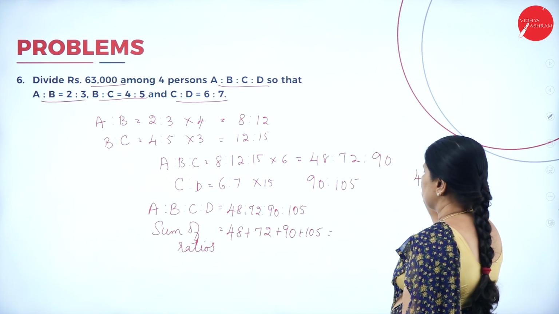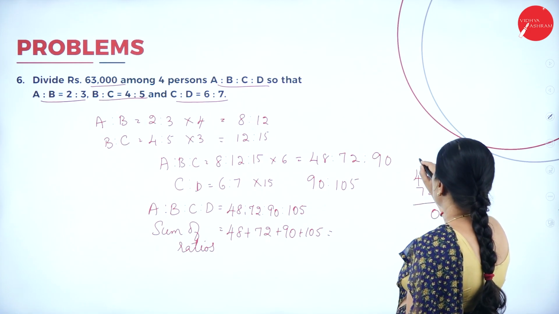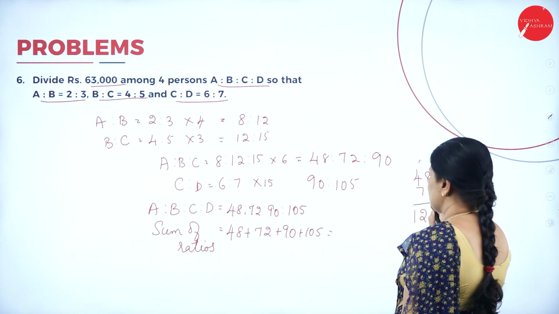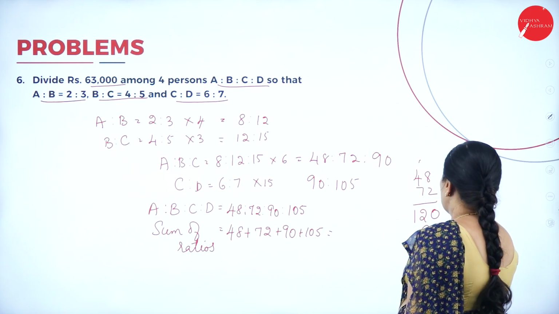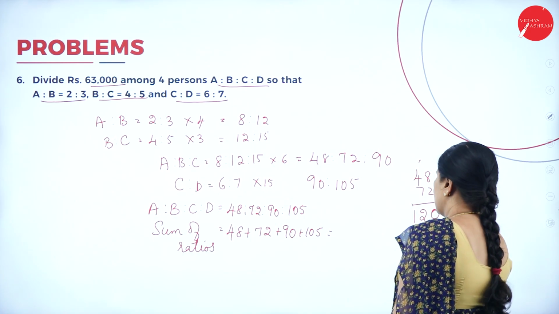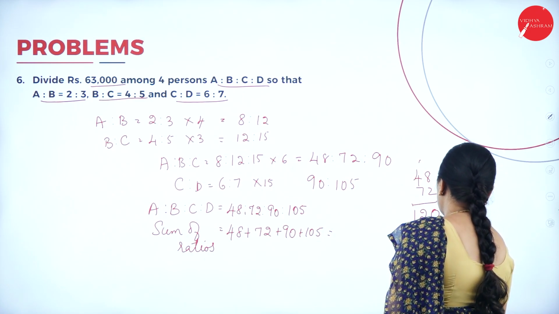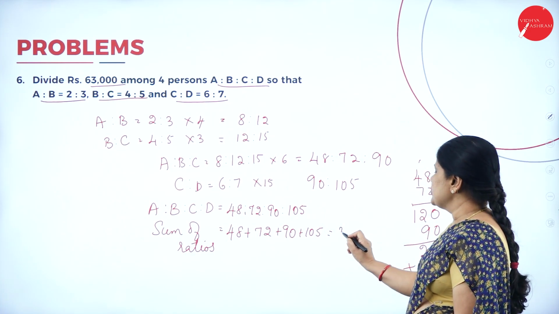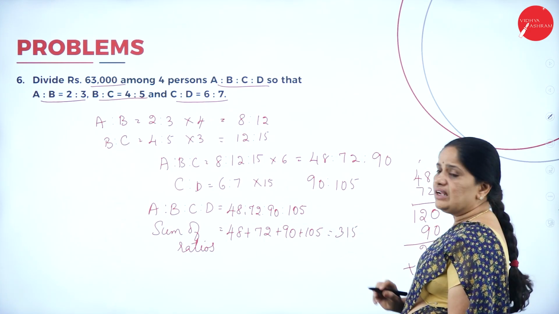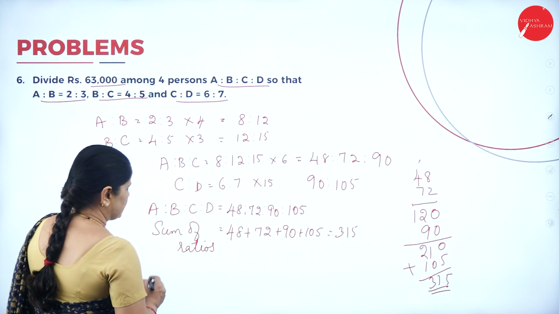So I add 48 plus 72. 8 plus 2, 10, borrow 1, 7 plus 5, 12. So 120 plus 90, 210 plus 105. So this will be 315. So the sum of ratios is 315. Now I will have to share 63,000.